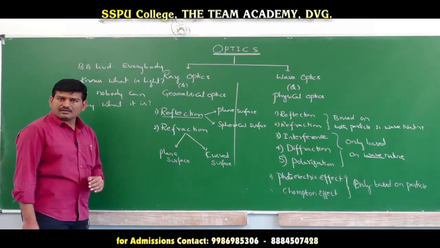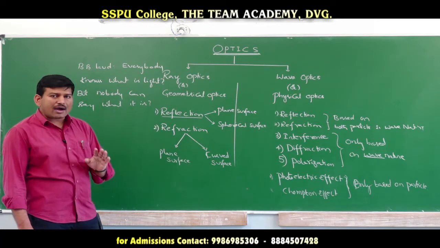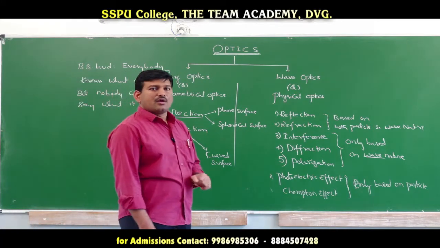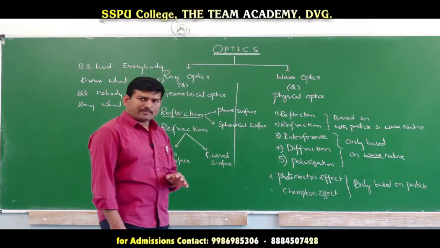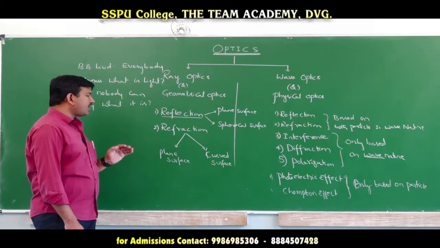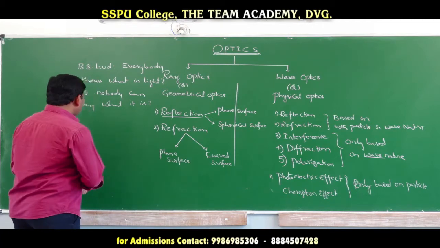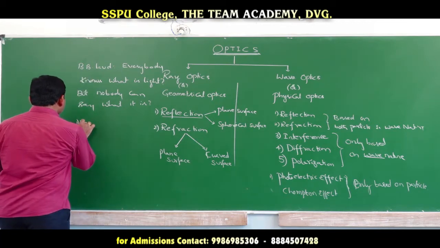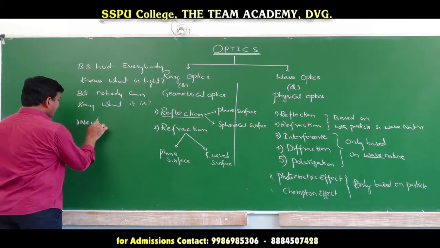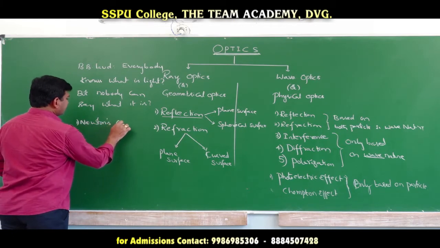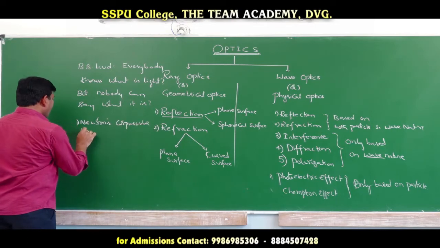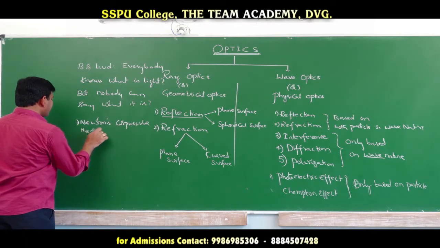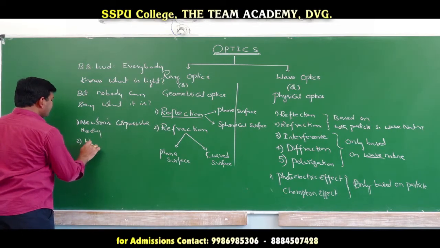So we have four important theories that we have to study in order to understand whether light is a wave or a particle. Number one is Newton's corpuscular theory. Number two is Huygens wave theory.